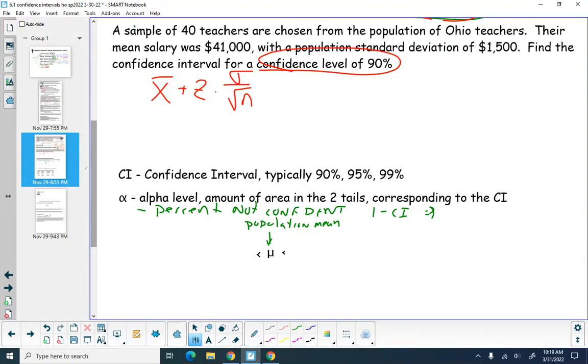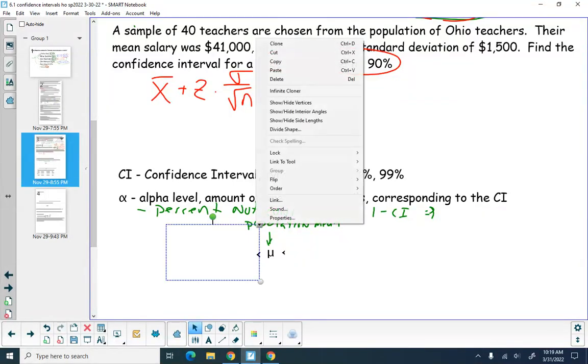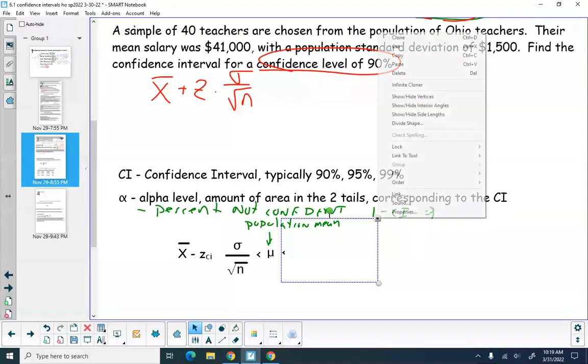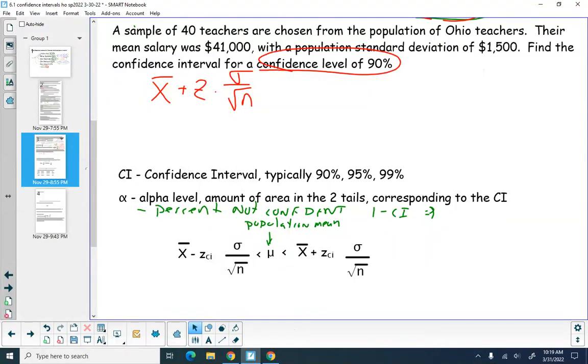This population mean will lie somewhere between this x bar, which is your sample mean, plus or minus your z for the confidence interval times the standard deviation divided by the square root of n. And once again, this here is your sigma x bar, which is what we talked about up top.